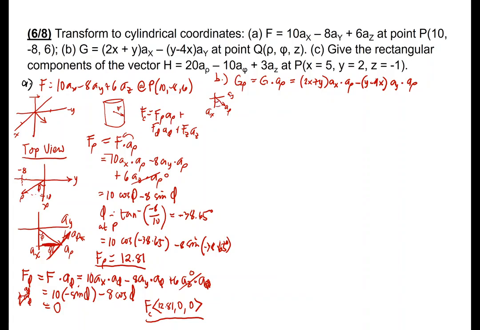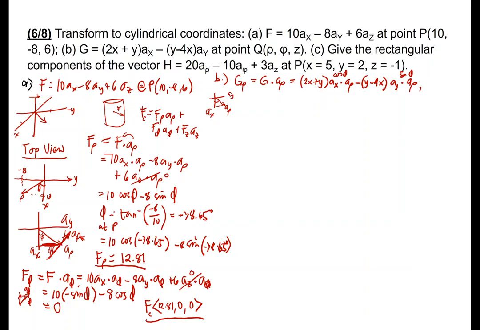Very simple. If you transfer a rho to a x, you use cosine, since x is adjacent, so this is cosine of phi, and the other one is sine because it is opposite of phi.